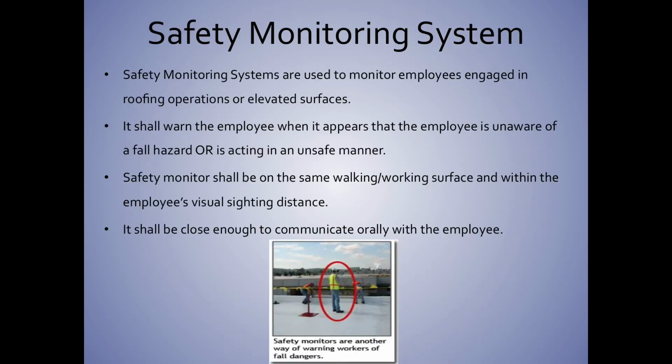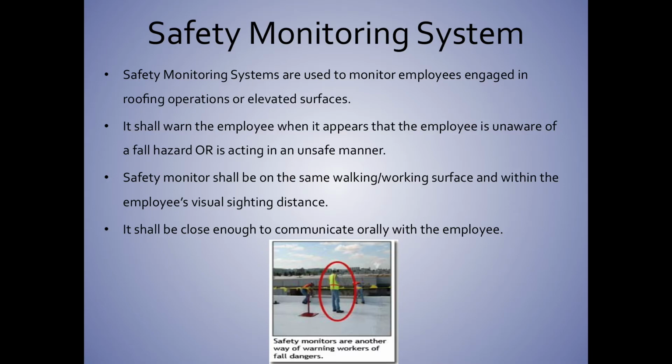Safety monitoring systems. Safety monitoring systems are used to monitor employees engaged in roofing operations or elevated surfaces. It shall warn the employee when it appears that the employee is unaware of a fall hazard or is acting in an unsafe manner.